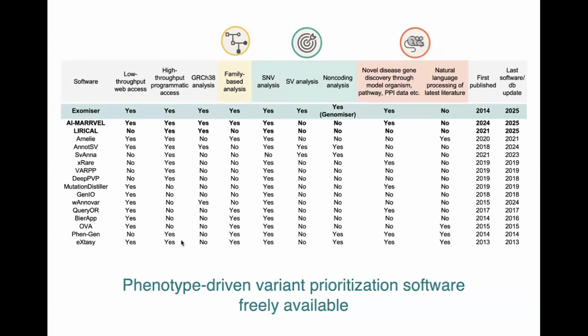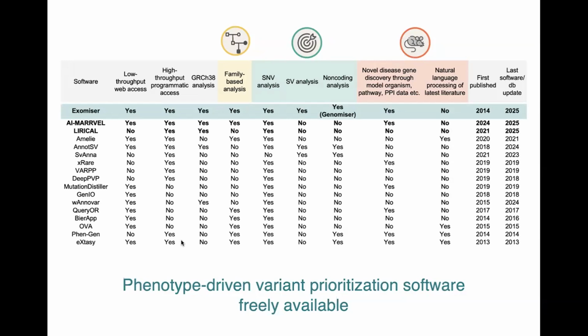So from this list, Exomiser stands out as one of the most comprehensive and well-supported phenotype-driven variant prioritization tools. It supports both low and high throughput access, is compatible with the Build 38 genome assembly, and accommodates family-based analysis.